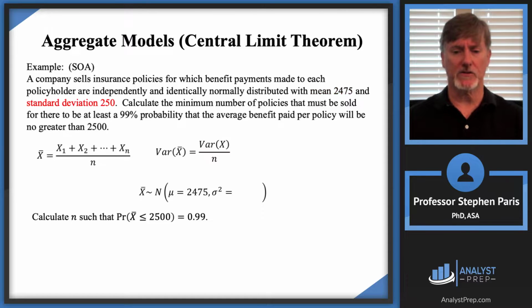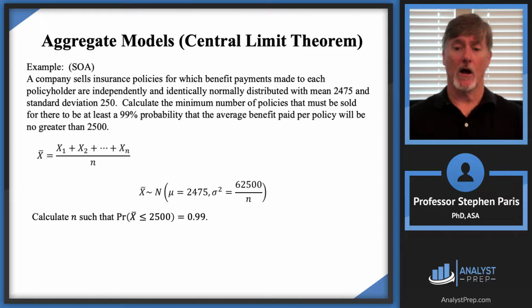And then the variance of CapEx bar is the variance of CapEx divided by n. Again, I'm not given the variance, I'm given the standard deviation of 250. So the variance is the square of 250, and 250 squared ends up being 62,500. And so the variance of CapEx bar is going to be 62,500 divided by n.